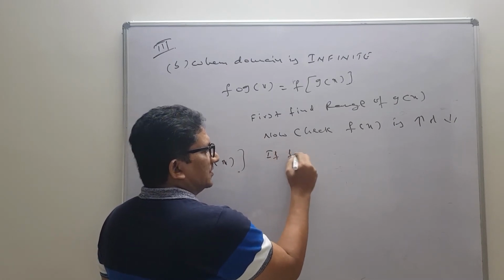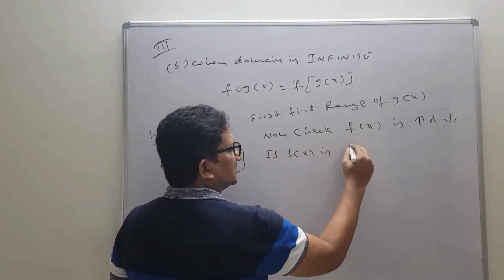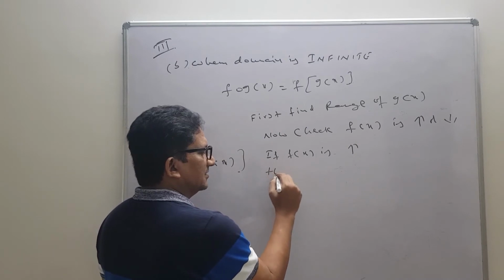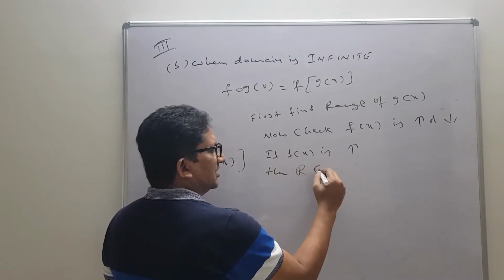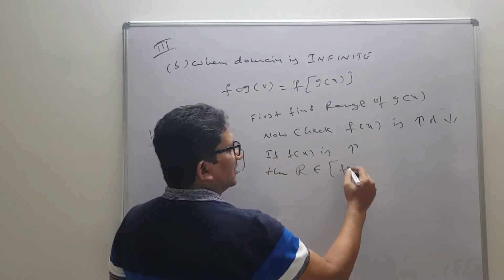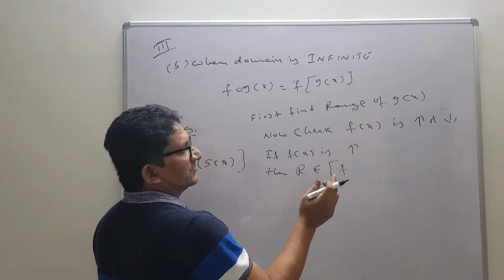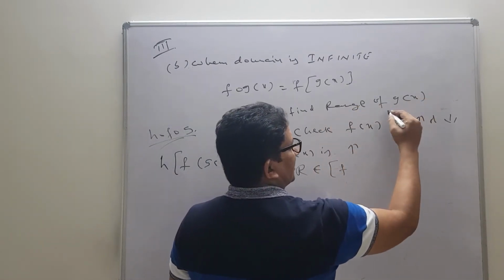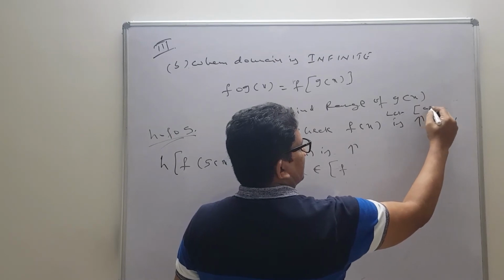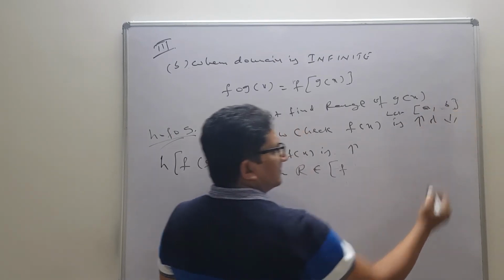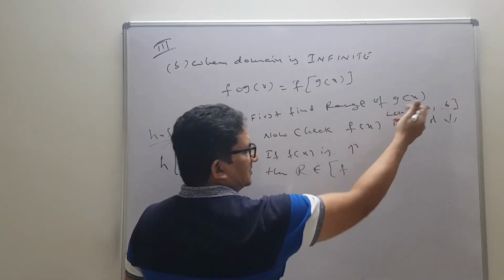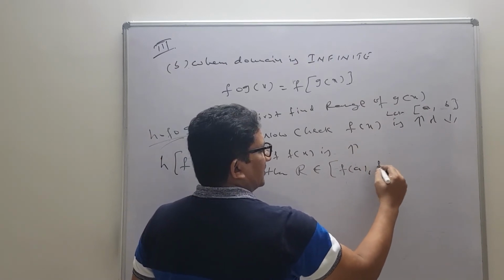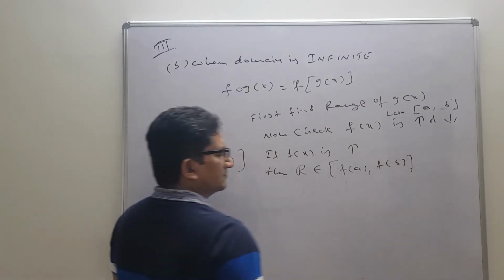If f of x is increasing, then the range belongs to f of whatever range we got. First find the range of g of x; let that range be [a, b]. Then simply apply those values: [f of a, f of b].